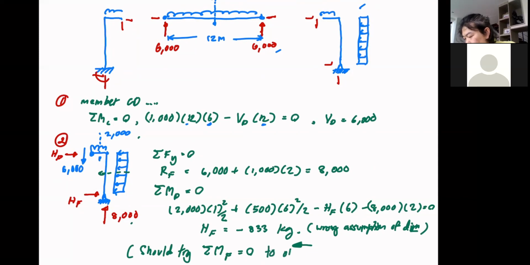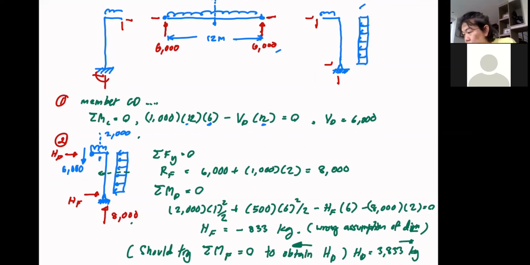To obtain HD, that would solidify your belief that your H is going the same way as the uniform load. It's hard to believe, but it's true. You see that HD, if you do that, is equal to 3,833 kilogram going to the right.